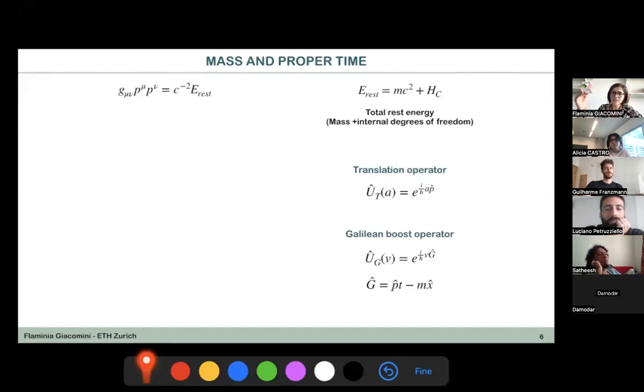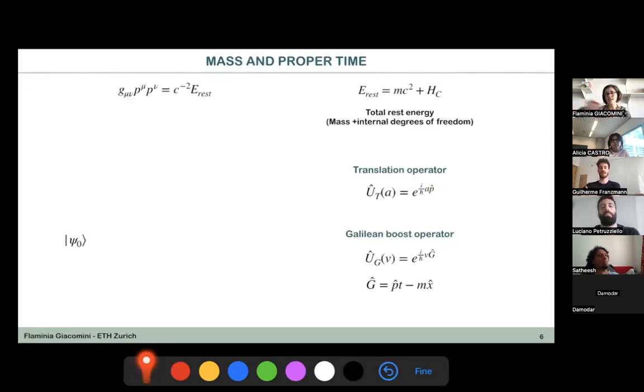And for that, we want to take an initial quantum state, psi 0. So now forget what I said about the clock. Let's just consider a quantum state. And we want to consider the translation operator and the Galilean boost operator. A translation by a we can represent as the exponential of i over h bar, some parameter a, and the momentum p of the particle.